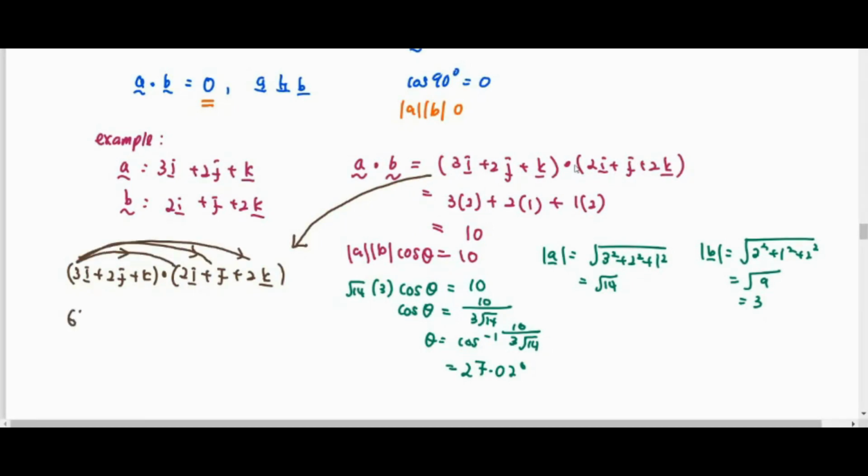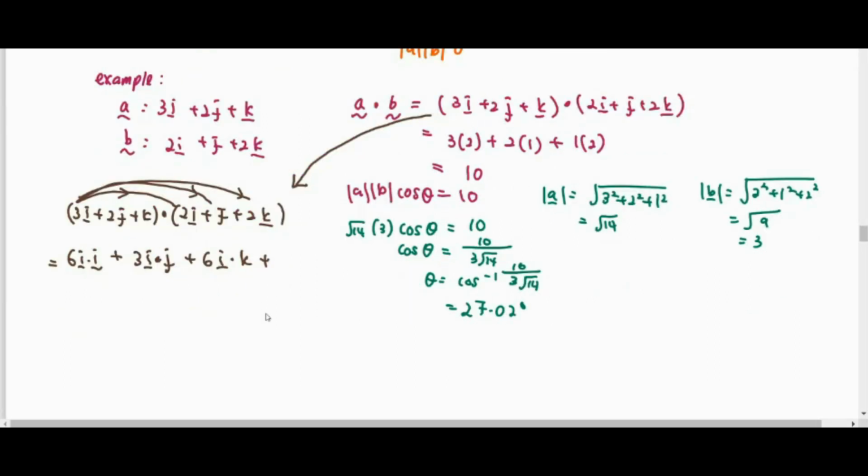So dia akan jadi 6I dot I, then tambah 3I dot J tambah 6I dot K. So kembangan pertama lah kan. Continue, saya kembang untuk yang kedua. 2 darab 2, so jadi 4J dot I tambah, okey, kembang lagi ke belakang, 2J dot J, dan kembang ke belakang, 2 darab 2, 4J dot K. Dan kita buat kembangan yang ketiga pula.